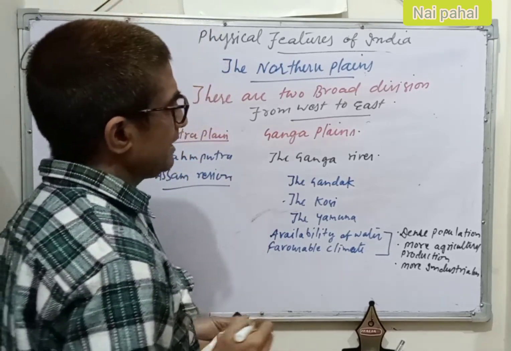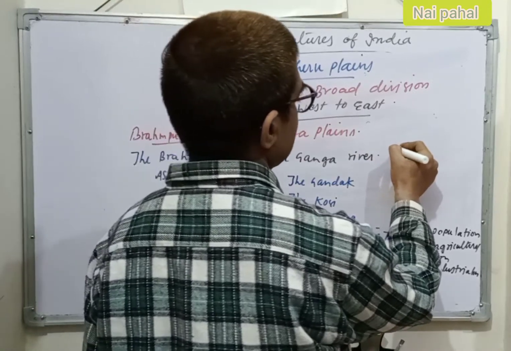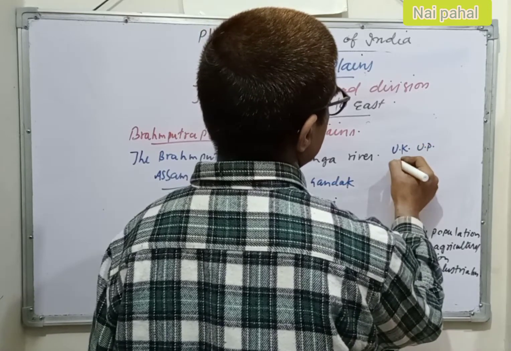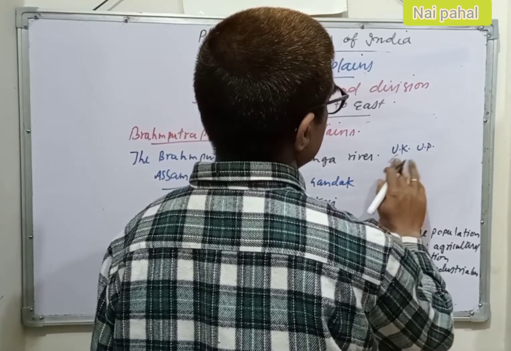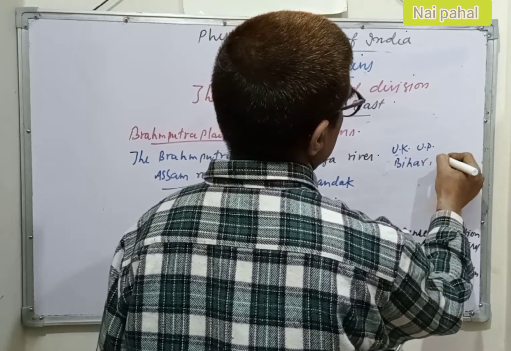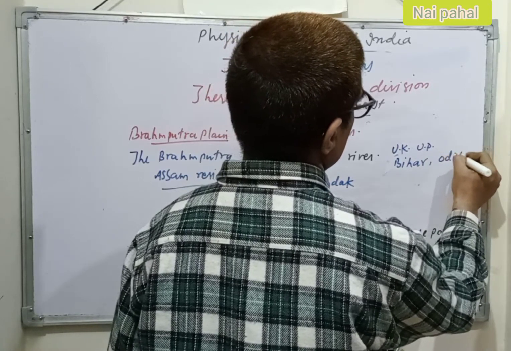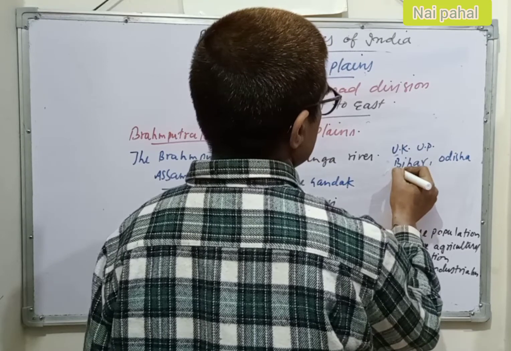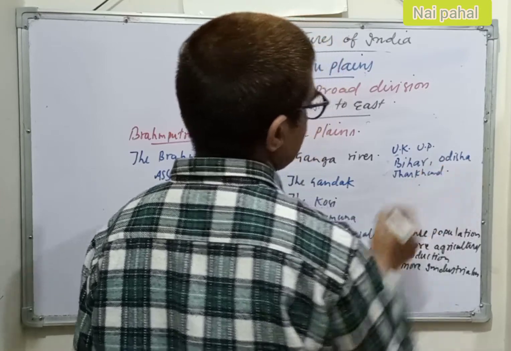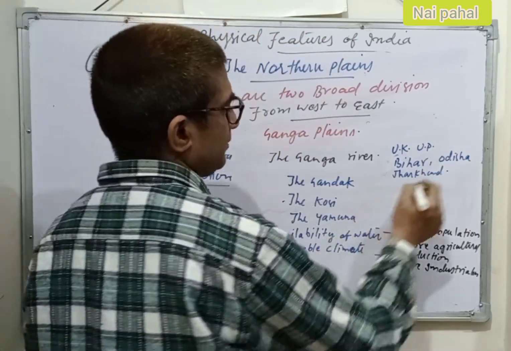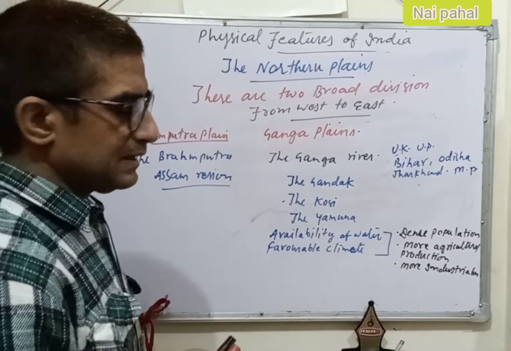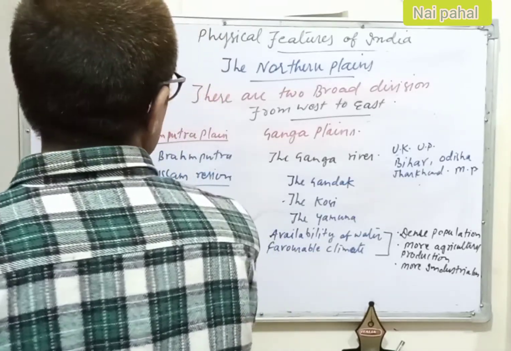And Ganga Plains form in the states like UP, then Bihar, Odisha, then Jharkhand. These are the main states, and some parts of MP, right? Formed by the Ganga River. So these are the three broad divisions from west to east.